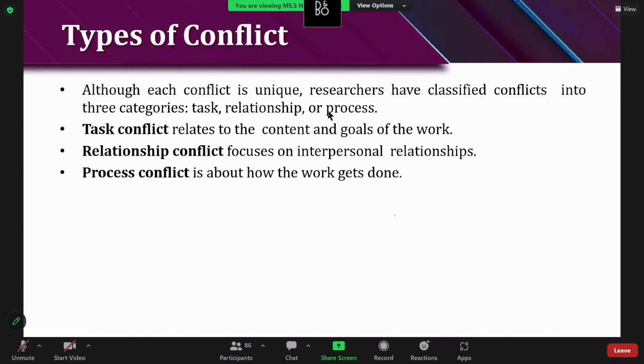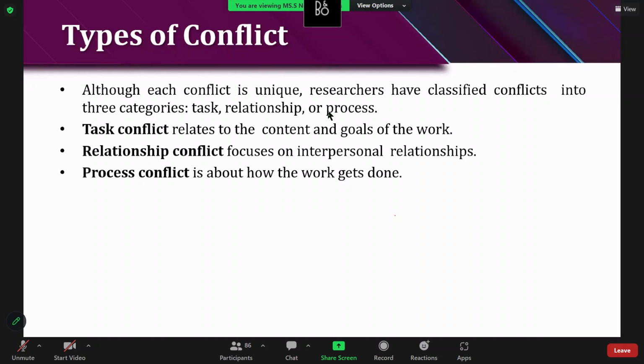So what is the process, how the work gets done. If different points of view or arguments arise in terms of how the work gets done, or the process of doing these tasks, then that is called process conflict.